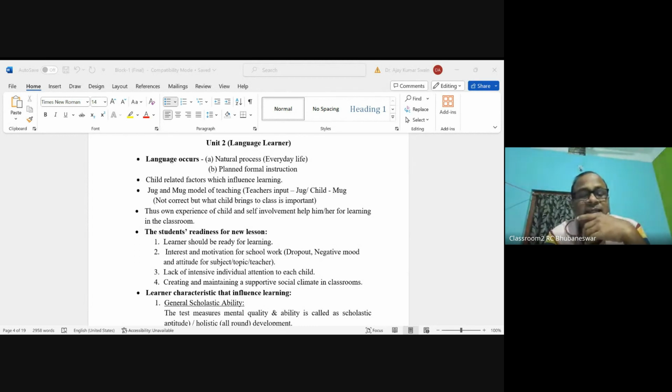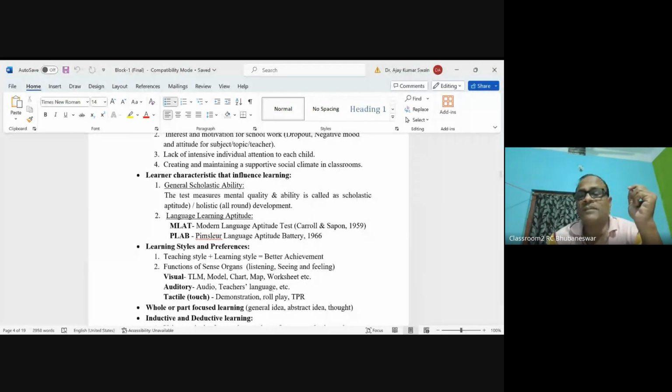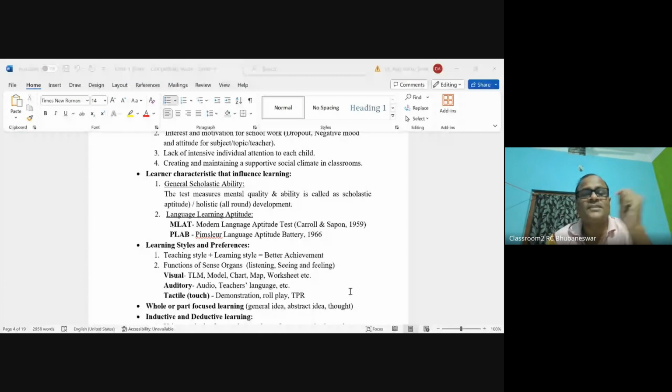Learner characteristics also influence the learning, like general scholastic ability, language learning aptitude. Two things are there. One is general scholastic ability. What is it? The test measures mental quality and ability is called a scholastic aptitude, and that is also known as general scholastic ability of the child. That is all-round development of a child.